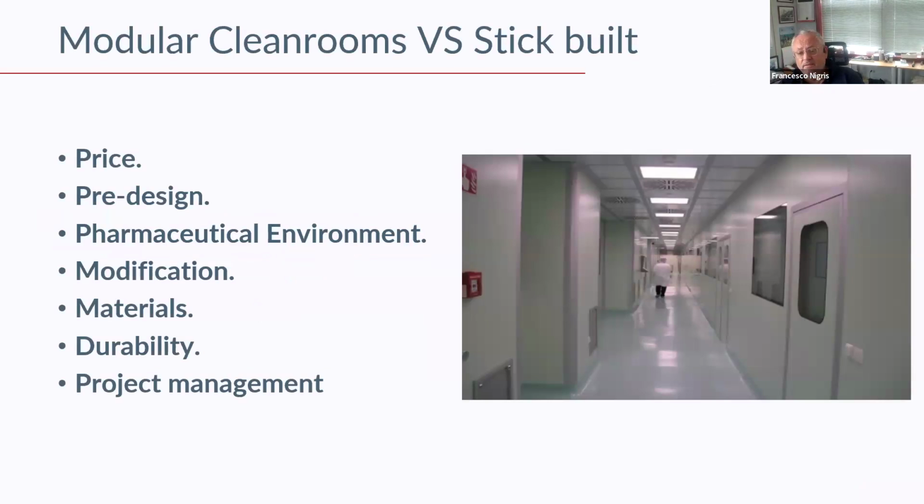If you want to make stick-built walls as good as a modular wall, you're going to add a film, a PVC, a kind of coating on a gypsum wall, and at that point it becomes as expensive or even more expensive than a modular wall, so the choice doesn't make any sense.